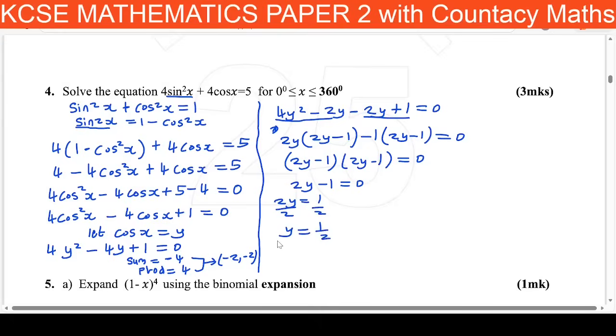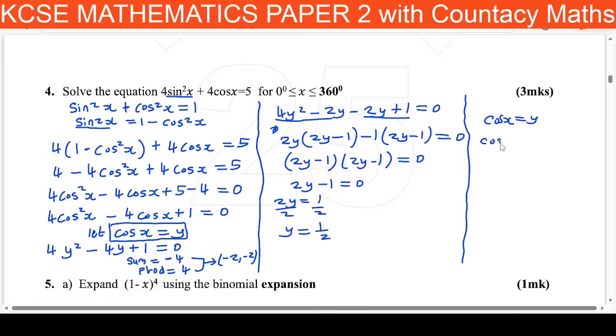But now, that's not yet done. We have to go back to the question and do our working and find out what is the value of y. Our value of y is right here, cos x, this one over here. So we say that cos x is what is equivalent to y.